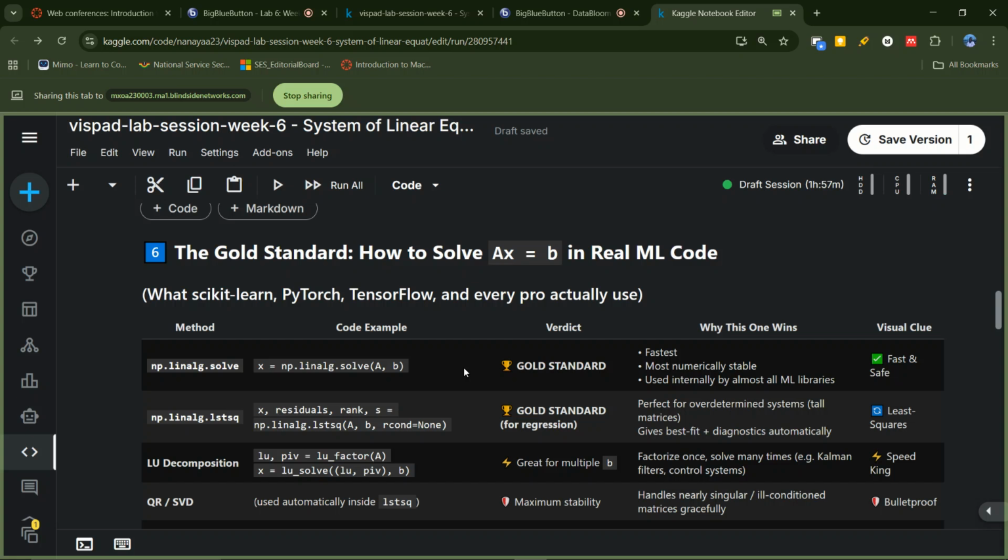It tries to help us understand the various methods in which machine learning tries to find the unknown.